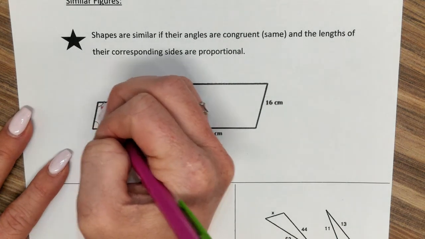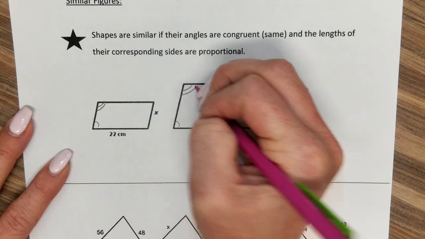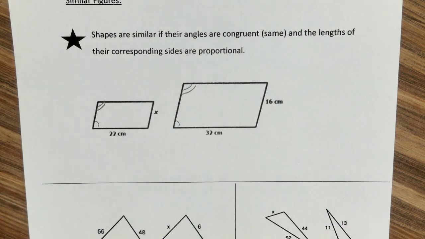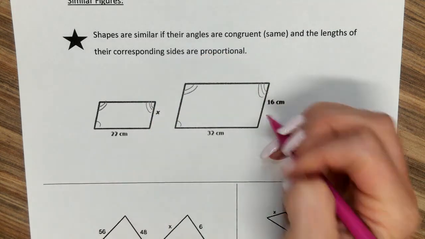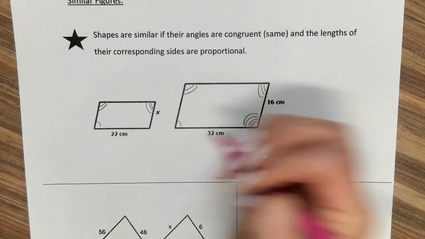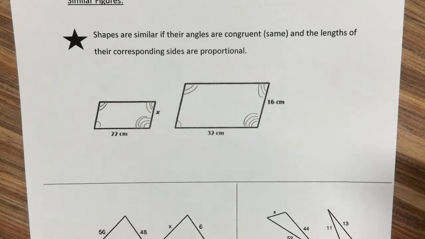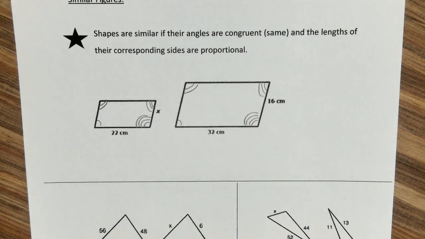Everybody look at this angle. Does it look exactly like that angle? And then this one is going to be exactly like this one. And this one, 1, 2, 3, 4. So y'all know which angles match. They are congruent angles.